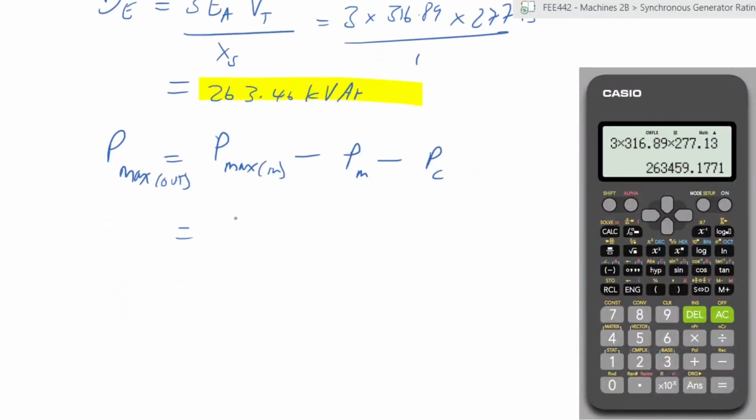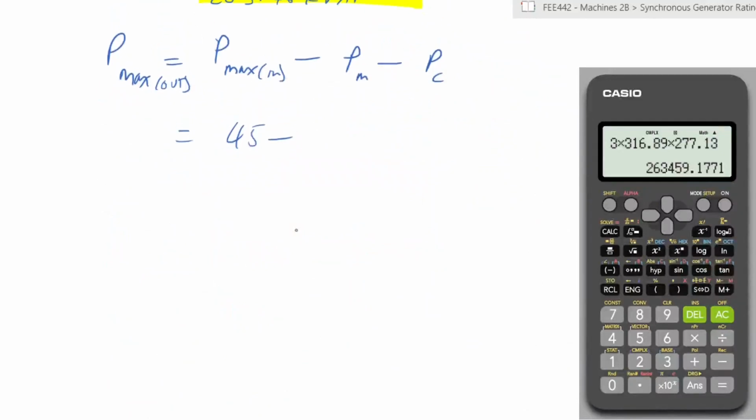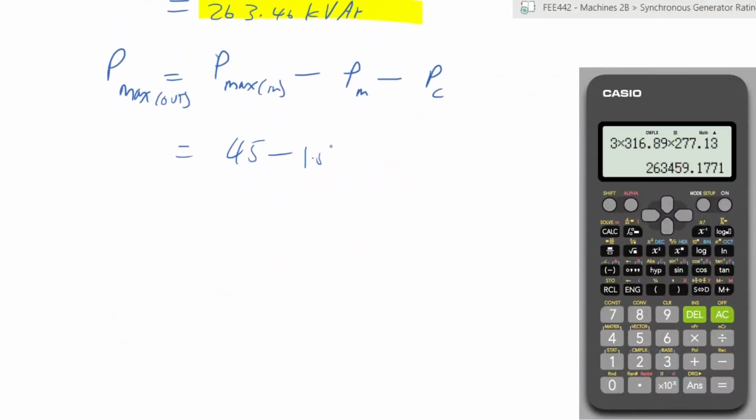So 45 kilowatts minus mechanical losses, which were 1.5, and the core losses were 1.